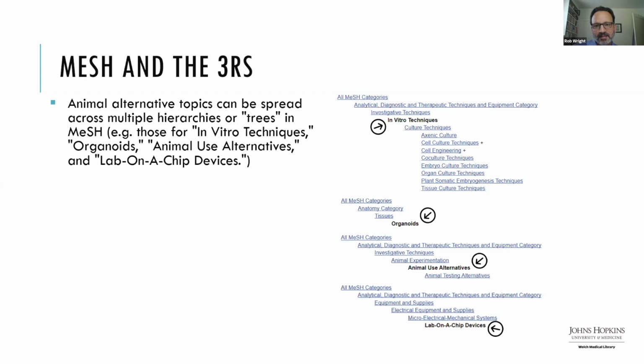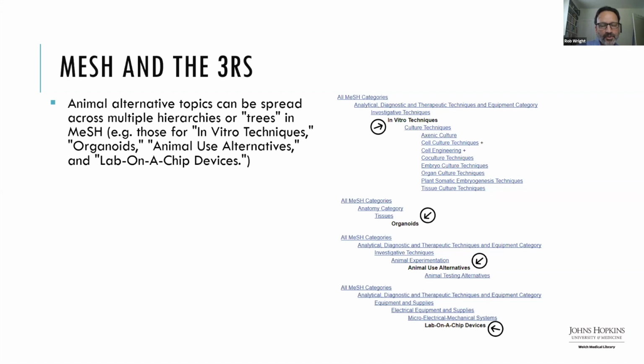In vitro techniques lives under the investigative techniques heading. Organoids is under tissues. Animal use alternatives is also under investigative techniques, but separate from in vitro techniques. And then lab on a chip devices is in this microelectronic mechanical device type tree.